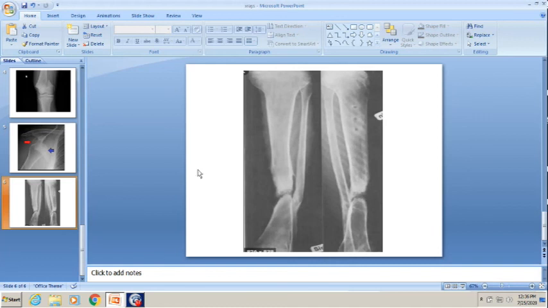There are many reasons for non-union, like soft tissue interposition, improper fixation, various other factors, but it is quite common in the lower end of tibia. Why is it? So in the lower end of tibia, does someone want to answer?